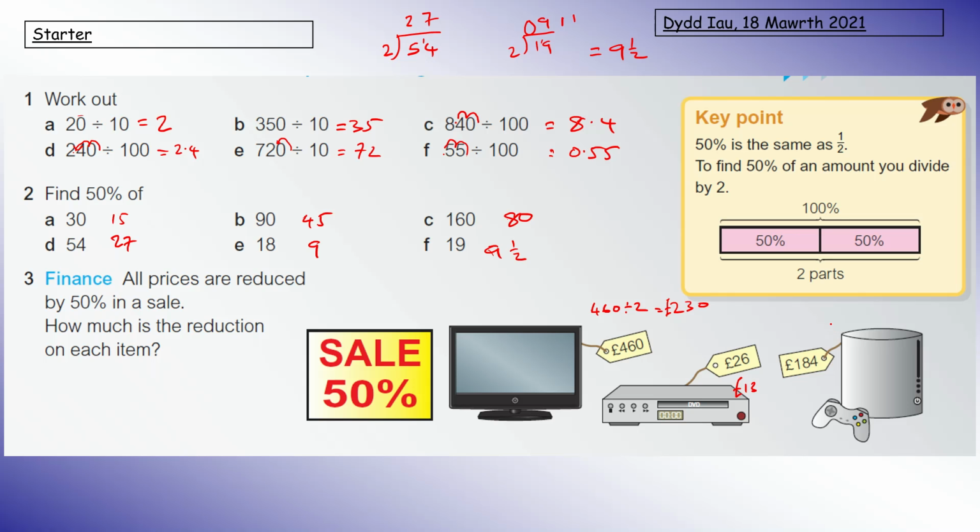And 184, I'm going to use bus shelter for 184. Divided by 2, 2 can't go into 1, carry 1, into 18, 9 times, and into 4, 2 times, so 92 pounds.